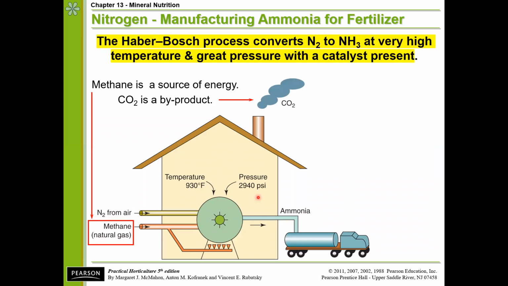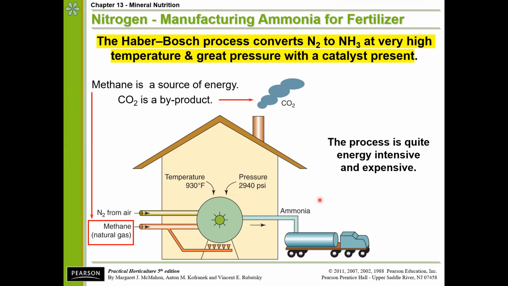So I mentioned that we figured out a way to do kind of the same idea, converting atmospheric nitrogen to ammonium at high temperature and great pressure with some sort of catalyst present. So we use natural gas, and basically you're just taking nitrogen out of the air and heating that nitrogen gas up to very high temperatures under high pressure, and usually binding it to a salt.